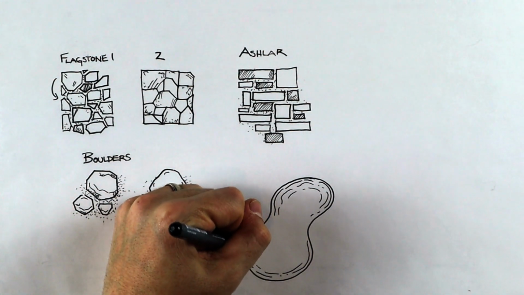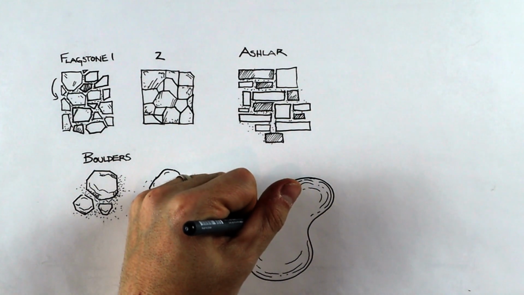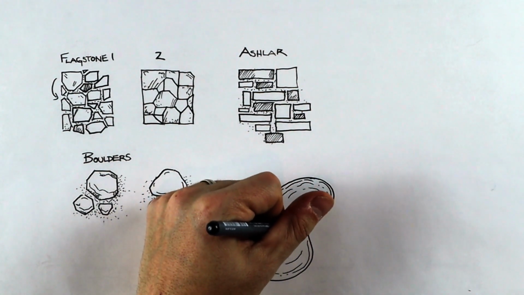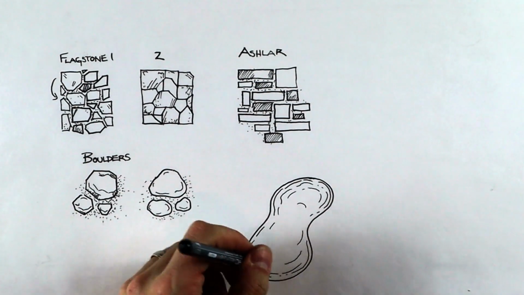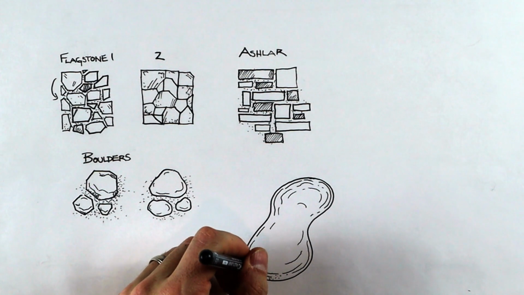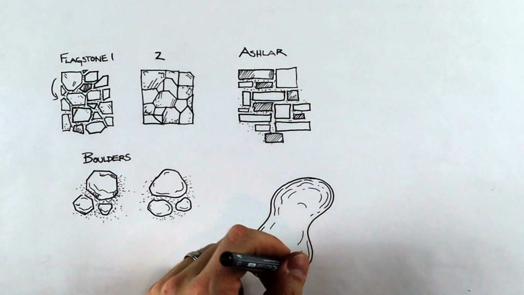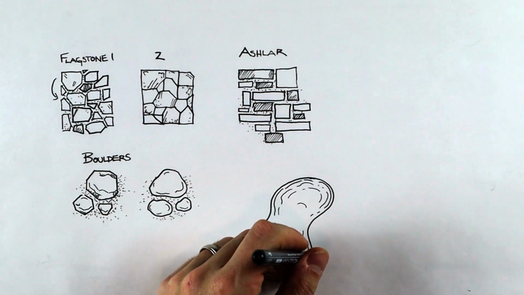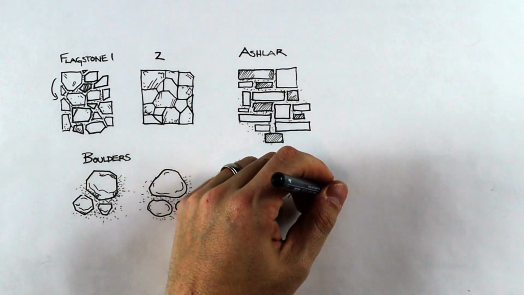Less is often more. A person can get the idea of water without you having to draw every little last ripple. And then, if you wanted, you can come in and stipple the edge just a little bit. And this can give the impression now of a nice little water body.